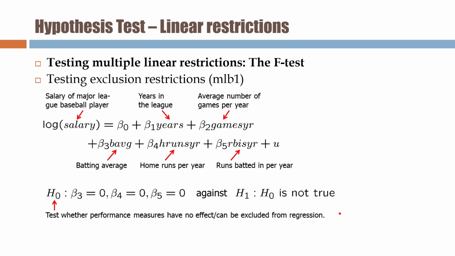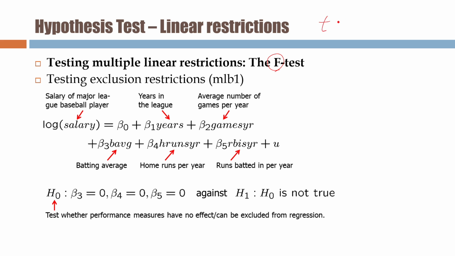So now this is a little different hypothesis test, the linear restriction. Linear restriction means is there any linear relationship, right? So what is the difference between the t-test and F-test?